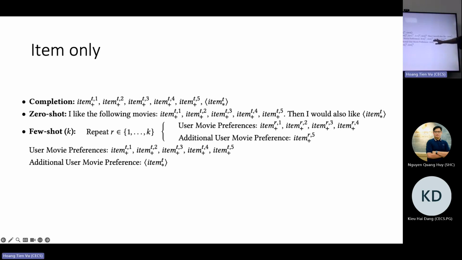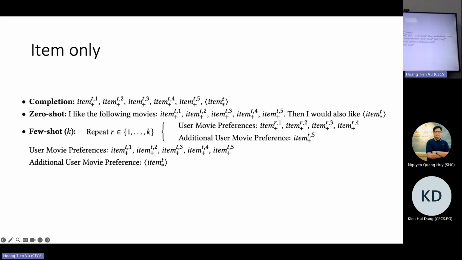Actually in this case the input is user preferences from 1 to 4, and the output is the additional user movie preference 5. And after that, we read for item 1. We have inputs as descriptions from 2 to 5, and we predict the user preference for item 1.